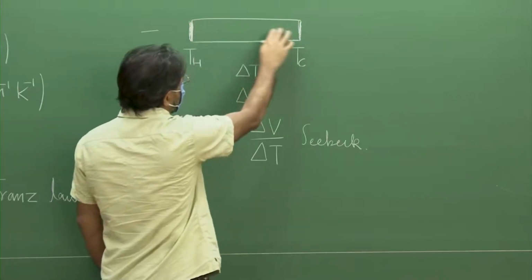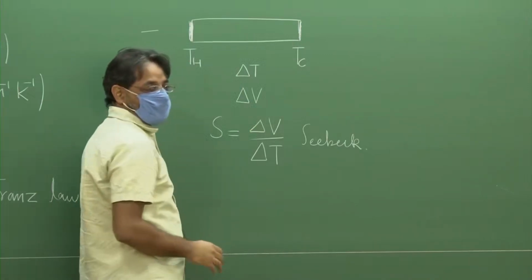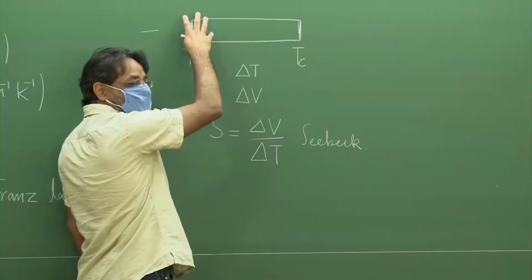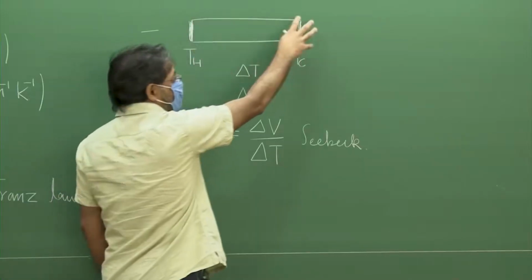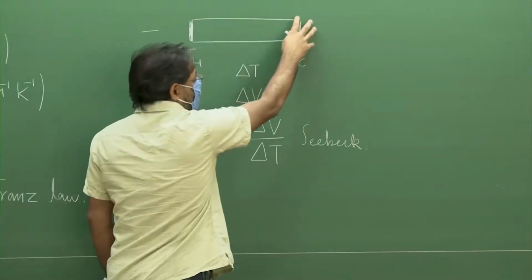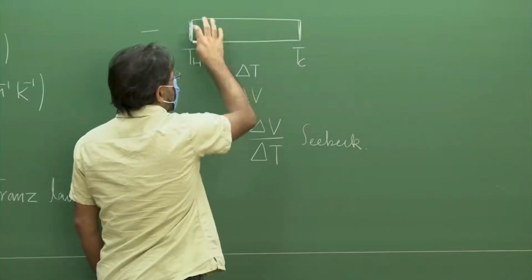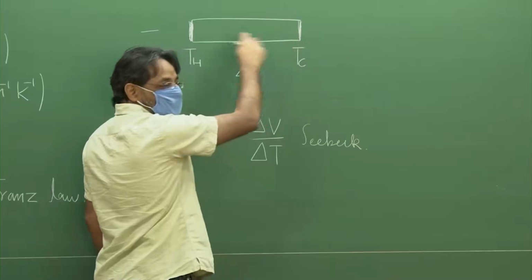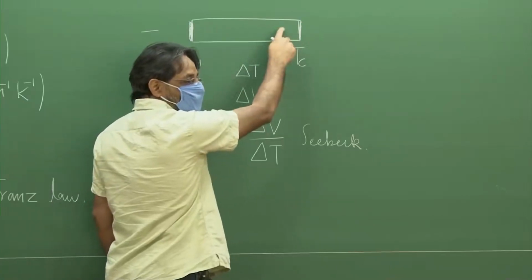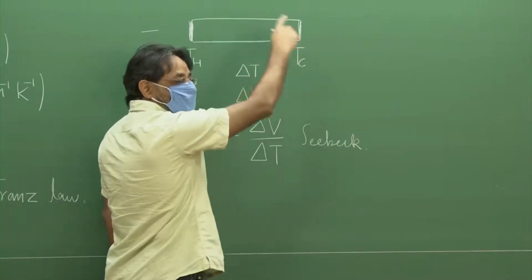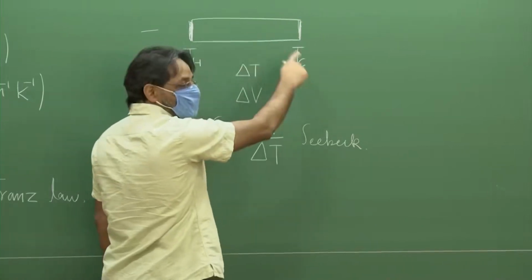So, they move along the length of the conductor and they pile up here. So, this part becomes slightly electron deficient compared to this part. This part in fact has more electrons. So, therefore, there will be an electric field from the positive end to the negative end, and this electric field will prevent the further transport of electrons from this end to this end.